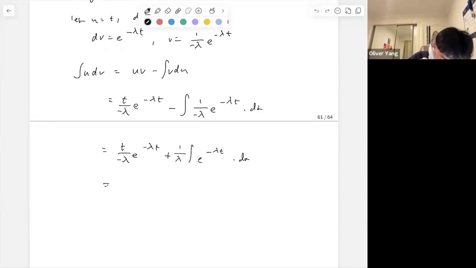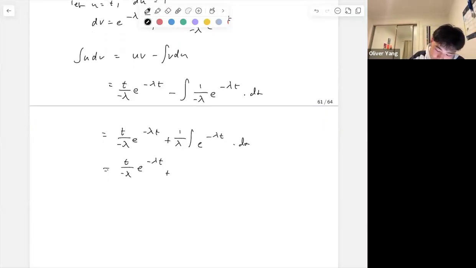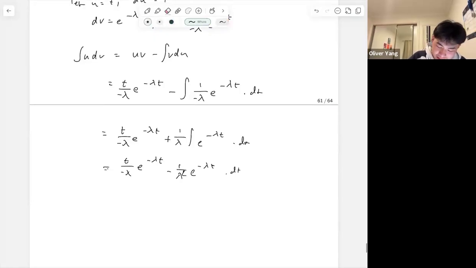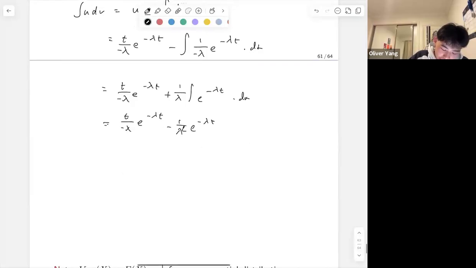It's going to be negative 1 over lambda squared e to the negative lambda t. Oh, sorry, not dt, I'm not integrating anymore. Okay, cool. And then now we add our bounds: t equals 0, t equals infinity.